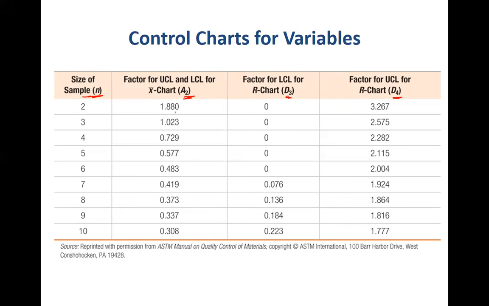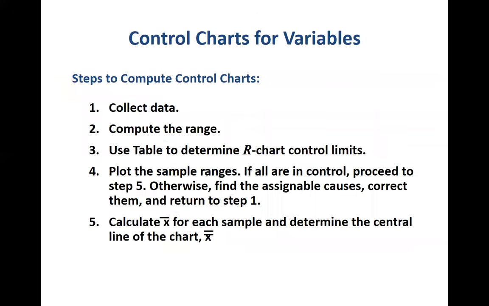Which of these rows we want to use depends on how many units there are in a sample. We will see this in an example, in terms of understanding how we determine which values of A2, D3, and D4 we should be using.